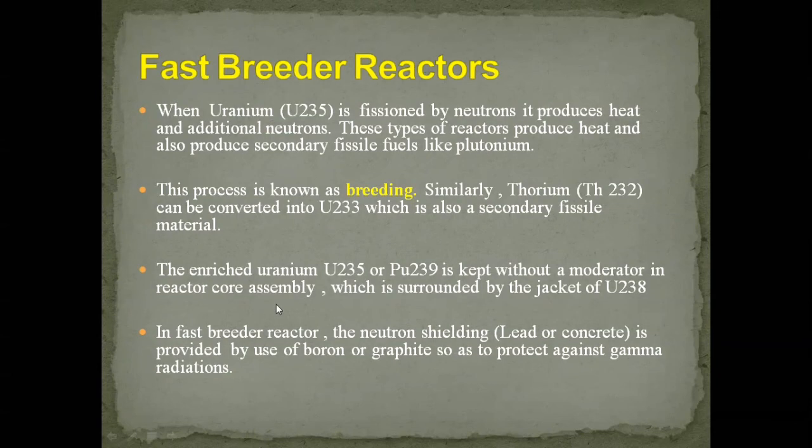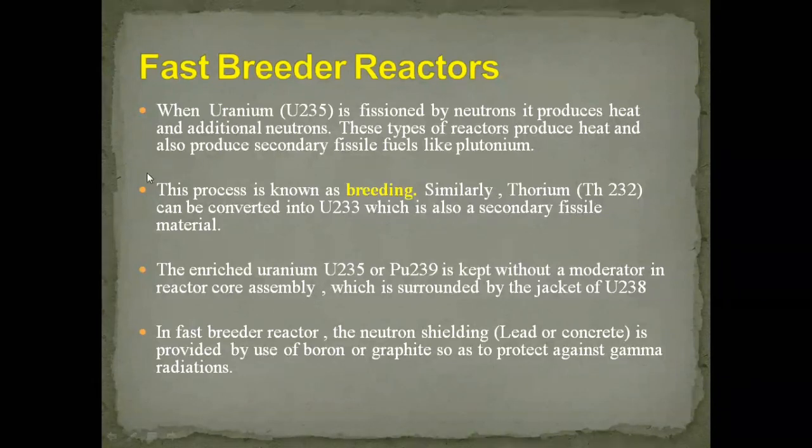moving on. The last slide is the fast breeder reactors. Here uranium 235 is fissioned by neutrons, and it produces heat energy and additional neutrons. These types of reactors produce heat and also produce secondary fissile fuels like plutonium.